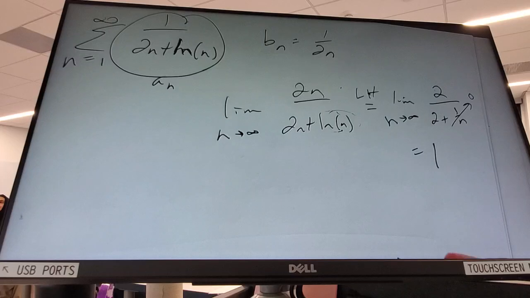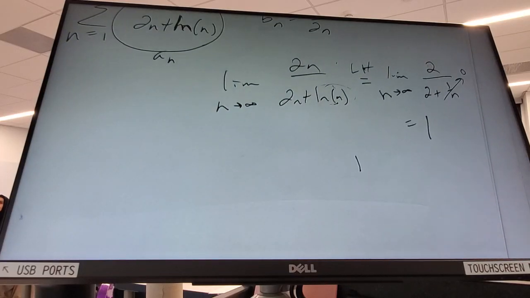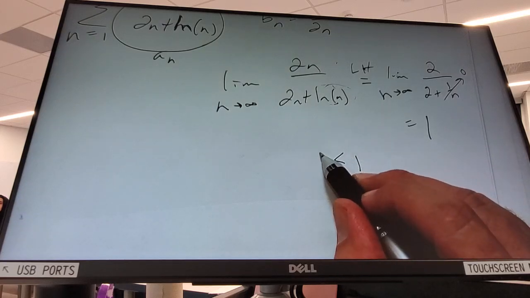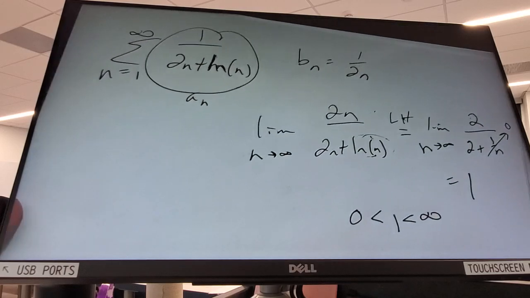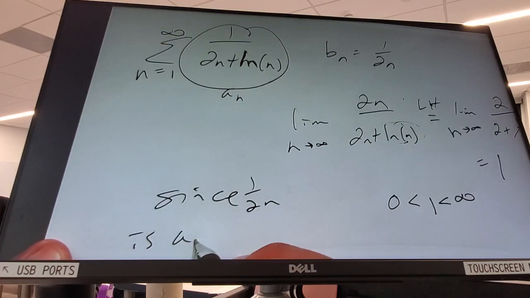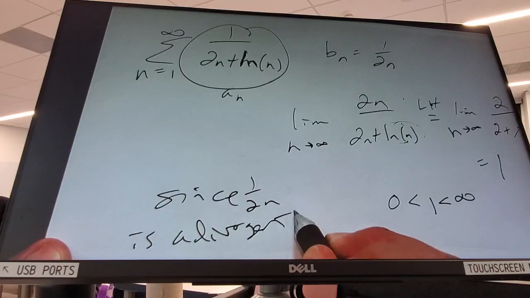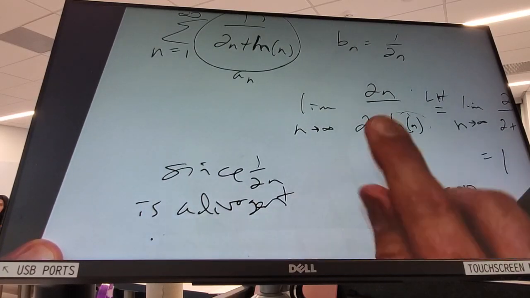Does that do what it's supposed to, to have a good answer? Does the test not fail? Yes, it doesn't fail because this is greater than 0 and less than infinity. Therefore, since 1 over 2n is a divergent, what kind of series?